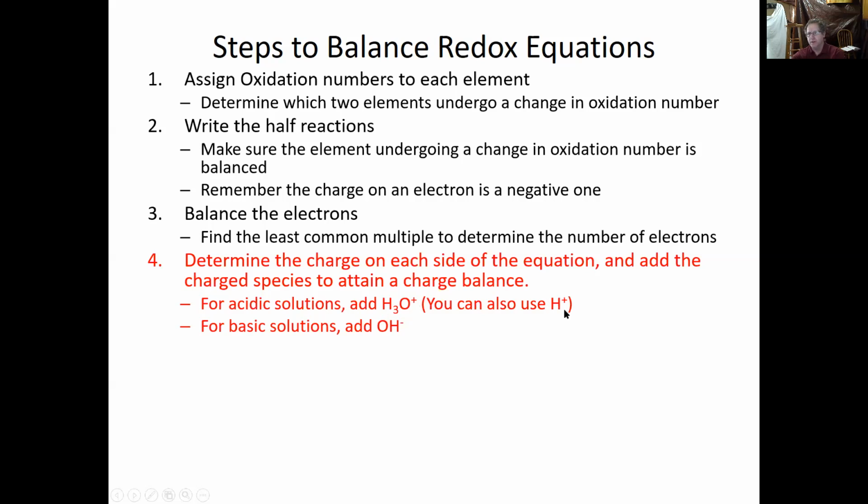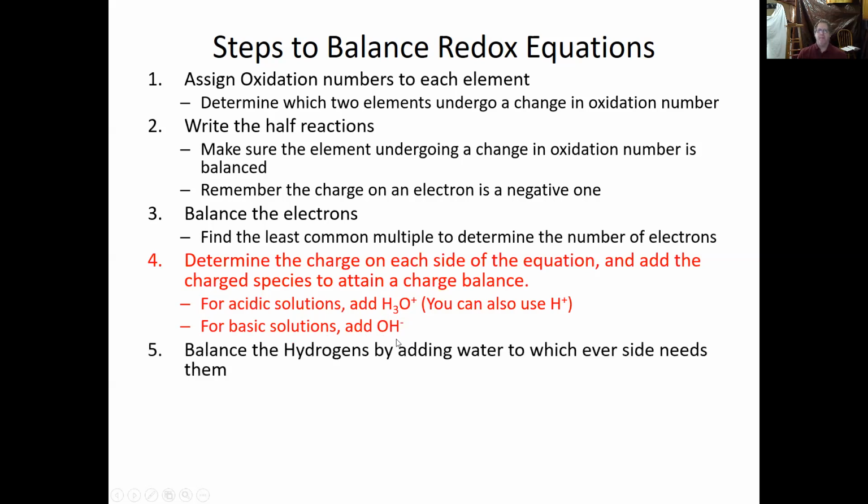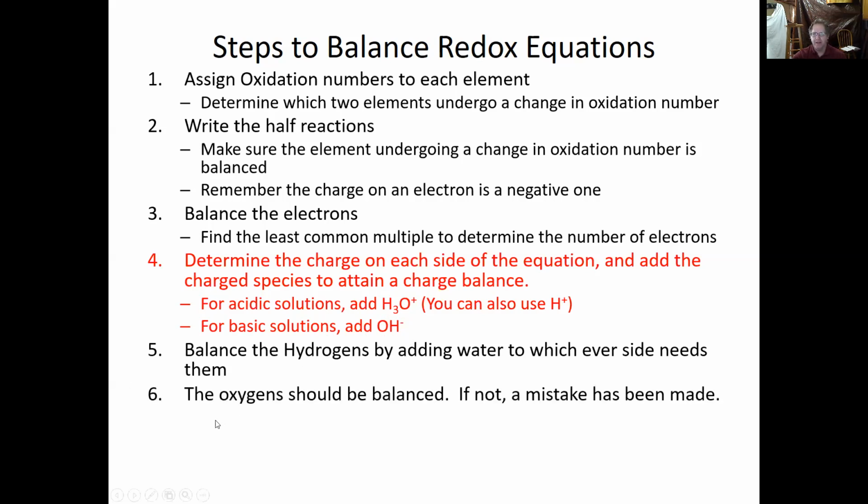You can also do this with H+, although I'm going to teach it with hydronium ion and not just the hydrogen ion. If you learned it with the hydrogen ion and want to use that, that's fine. For basic solutions, we're going to add hydroxide. Okay? We'll then balance the hydrogens by adding water to whichever side needs them. Once you have done this, you have a charge balance, you have a hydrogen balance, the oxygen should be balanced. If not, a mistake has been made.